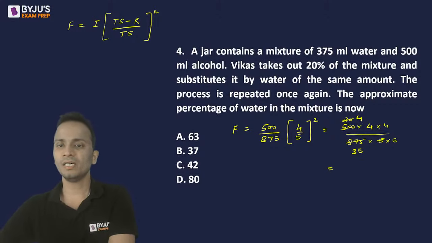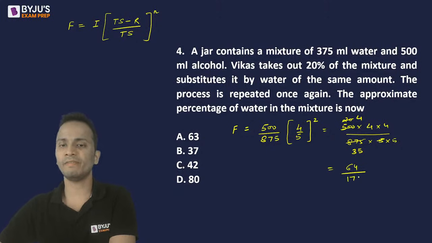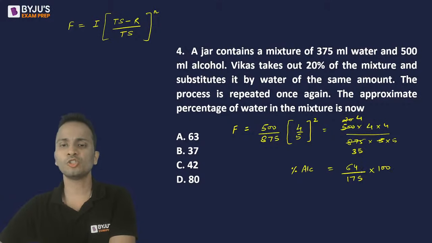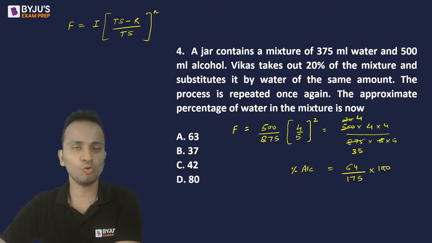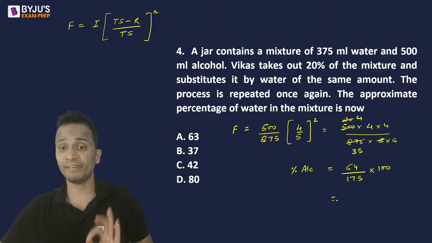So I will get 4 into 4 into 4, that is 64, divided by 35 into 5, that is 175. So 64 upon 175 is the fraction of alcohol that is left. I'll convert it into percentage. So 64 upon 175 into 100 is the approximate percentage of alcohol which is left in the solution.